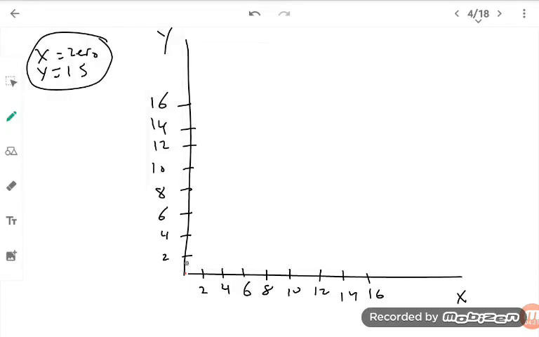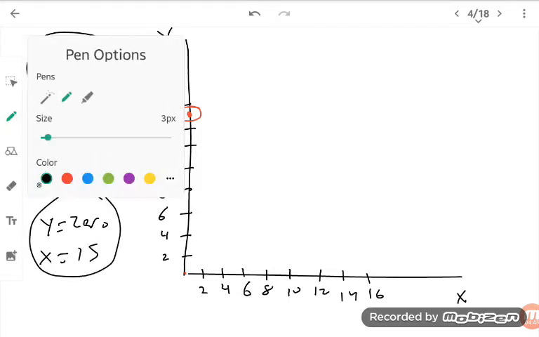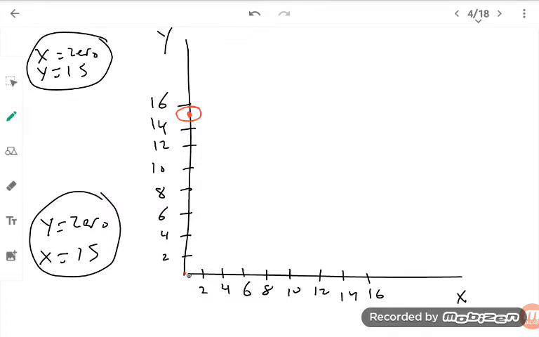This is the first point. Combination number 2, Y equals 0 and X equals 15. Then we are going to connect the 2 points together. This is the budget line.